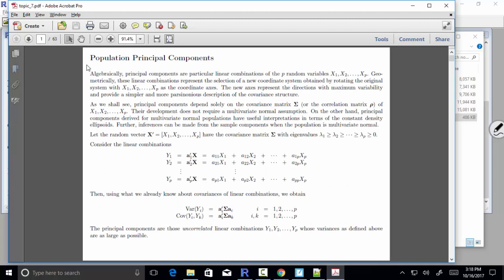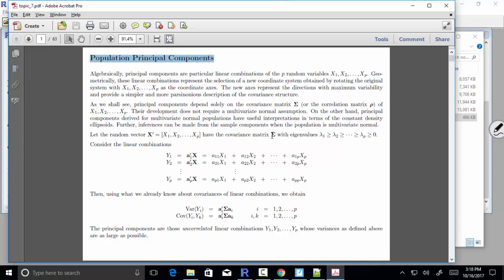So let me just show you the slides for a second to tie what I just said to the slides. The first chunk of the slides presents a theoretical discussion of the population parameters themselves. So this is before we actually see data. We just have x1 through xp, the numeric variables we're going to observe.